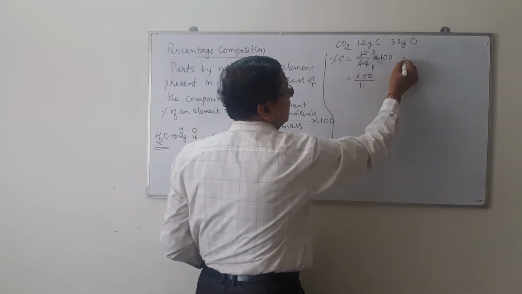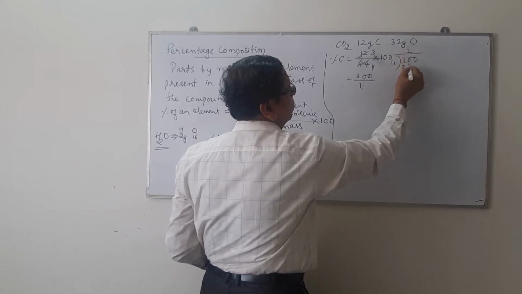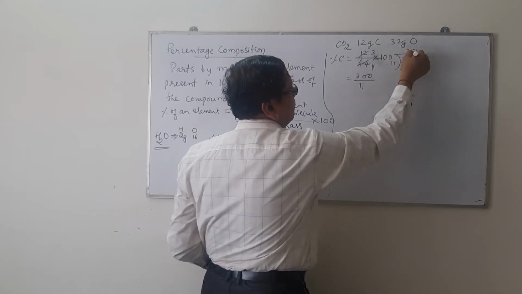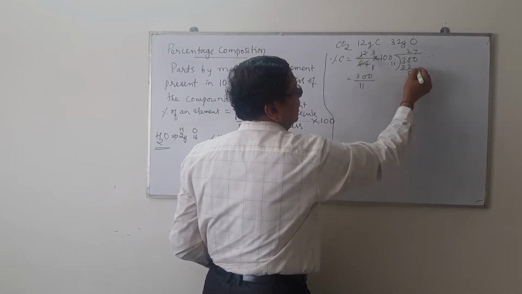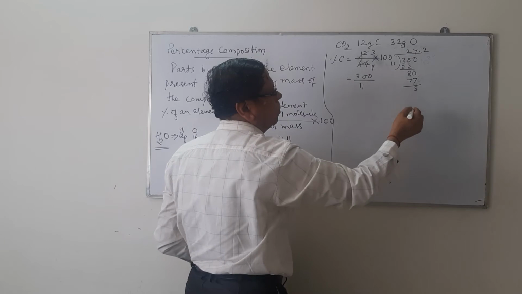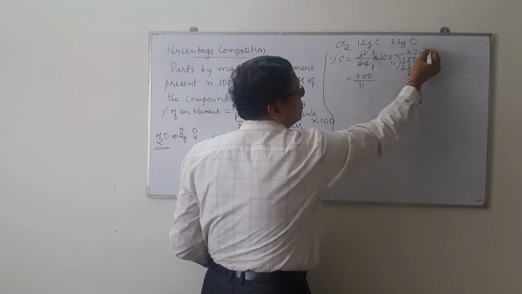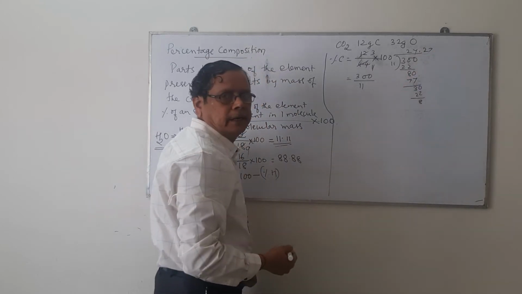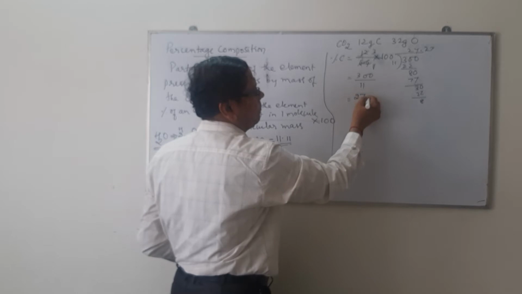If you divide 300 by 11, it gives 27.27, with the 27 repeating. Therefore, the percentage of carbon is 27.27.